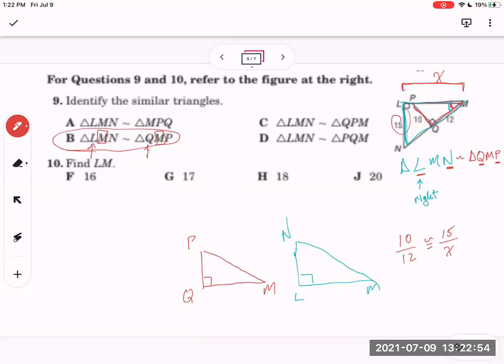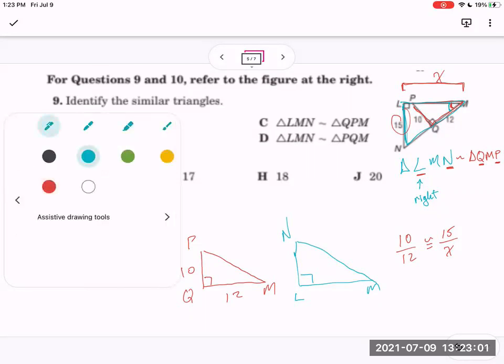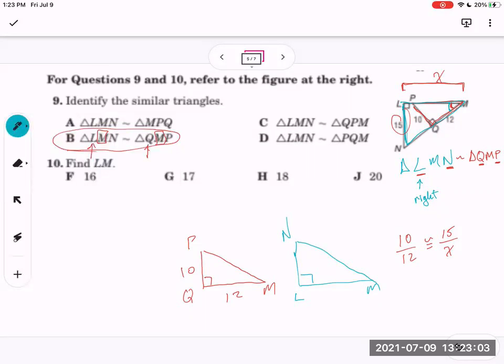So drawing this out, this would be 12 and this would be 10. And we're trying to find LM. We're trying to find this one. And we know LN, we know this one. Oh yeah. Does that make sense? A little bit easier to see like that? Yeah. So now you can see, because you drew them, you kind of oriented them the same way.